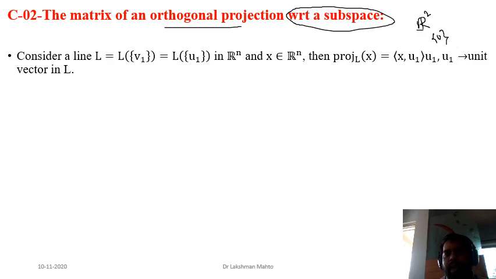Generally, whenever I call it a subspace, it must be a proper subspace. So in R2 there is only one proper subspace, the line, which is a one-dimensional subspace. R2 itself is an improper subspace, so we won't take that kind of subspace.